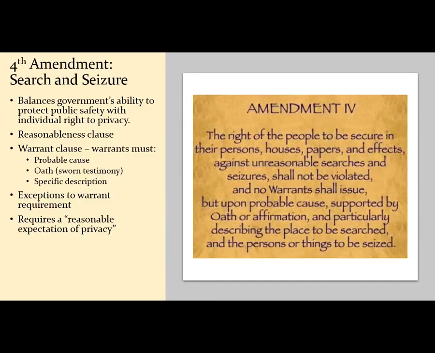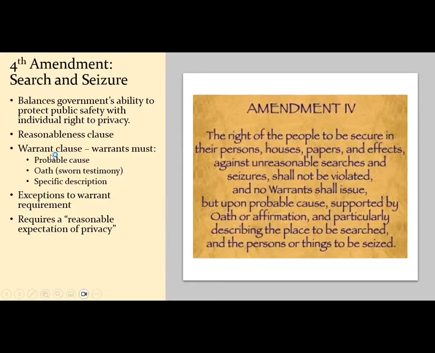When you don't have that reasonable expectation of privacy, the Fourth Amendment does not protect against invasion. So you have to keep that in mind, or government law enforcement officers should also keep that in mind. Fourth Amendment doesn't apply unless the subject of the search is reasonably considered private.